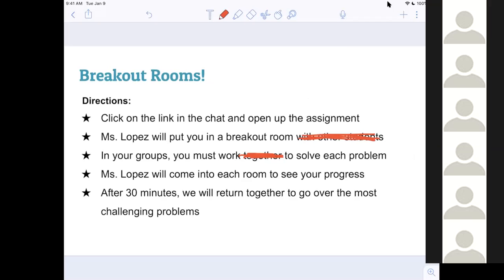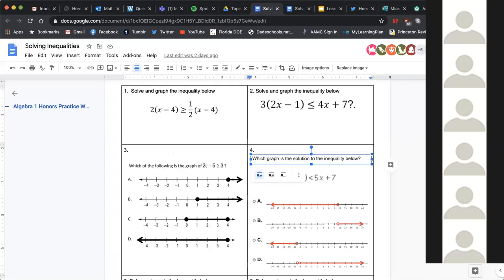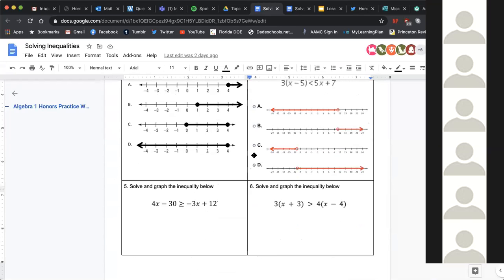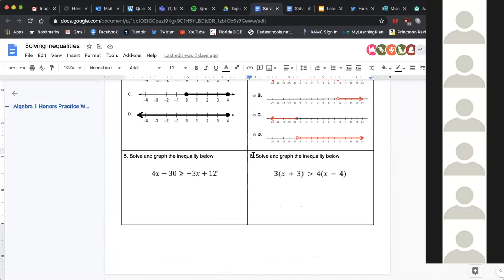I'm actually going to share my screen anyway because I want to make sure we all see the same thing. Like I said, we just did number 4 together, but all the other ones, I want you to try by yourselves when you're in your room.